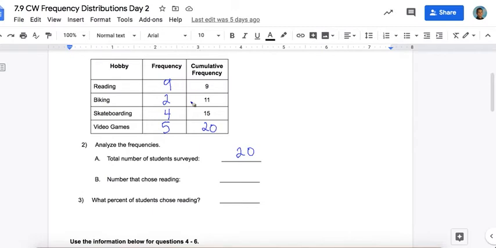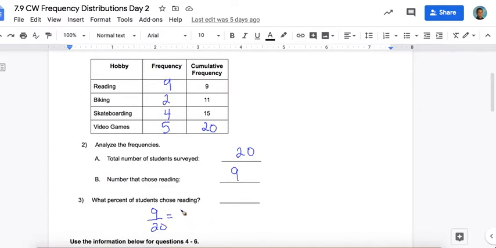The number that chose reading was 9. And to get a percent, I can write the fraction of people who chose reading. So that would be 9 out of 20. I could just change this to a decimal and then a percent, but I want to review percent proportions.